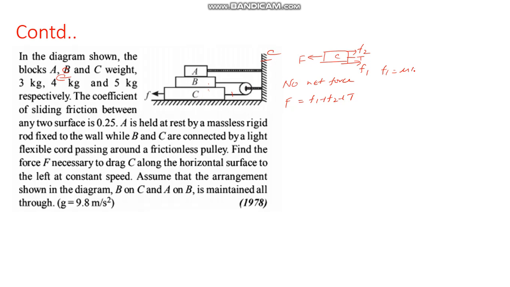So it is mu into 12. F2 is equal to mu into, you're talking about this interface, so you have to consider B and A. So it is 3 plus 4, 7. So we are getting here 7 mu, 12 mu, 19 mu plus T. This is one equation we have got.